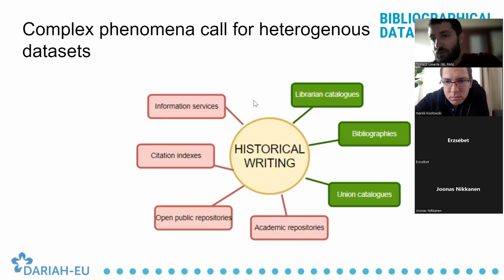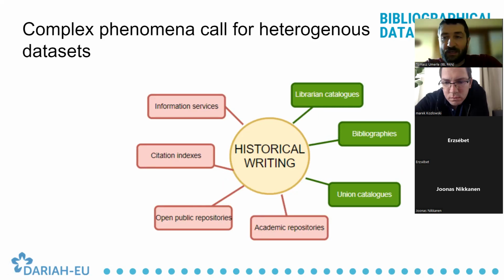For example, historical writing, something that we've been talking about a lot with our working group member Mikko Tolen. Historical writing has been with us for hundreds or thousands of years, and it has been done through different channels. Sometimes it's done through scientific writing, and then we track it and try to understand it through a citation index or academic repository.